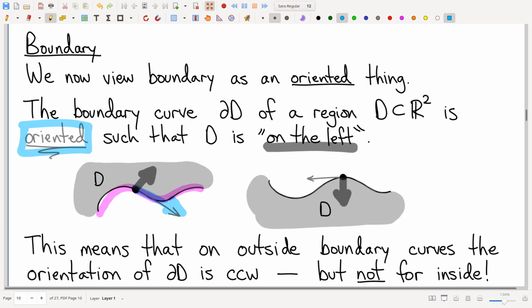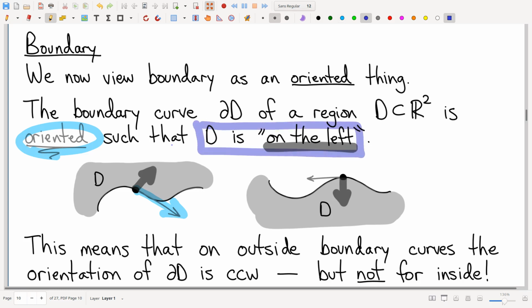So what is the correct direction? What is the inferred, implied orientation on a boundary? And there's a nice simple rule. The orientation is the direction such that as you move in that direction, the region is on your left.